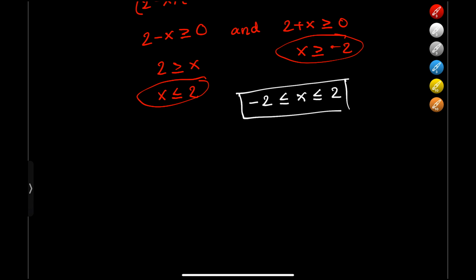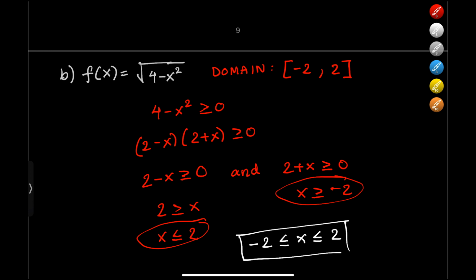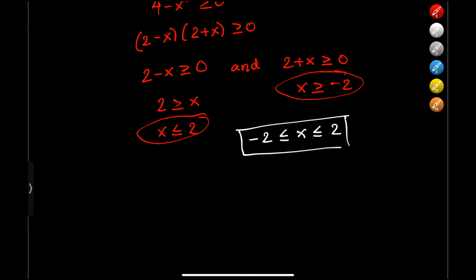This is written as an inequality, but if we wanted to write this in interval notation, then it would be bracket negative 2 to 2 close bracket. So that's the domain. To solve for the range, it would be best to solve it logically.